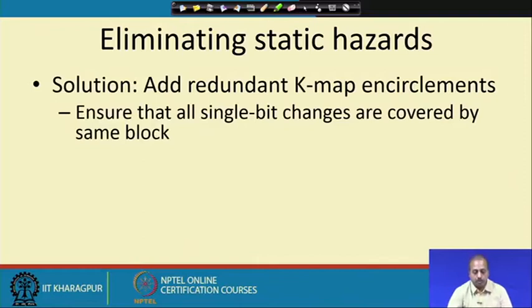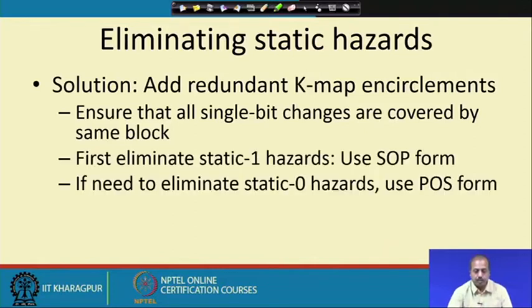How to solve this is that we add some redundant K-map encirclements, some extra encirclements like this, so that the single bit changes can be covered in the same block. It will eliminate the static 1 hazard using the sum of product form. If a static 0 hazard is also there, then we have to use the POS form, product of sum form, also.